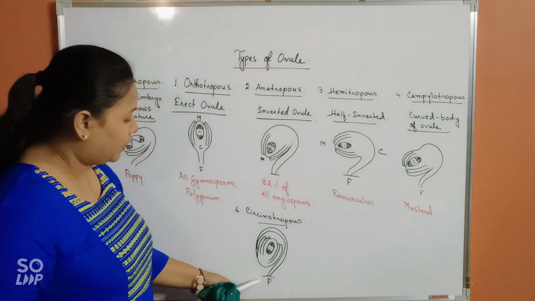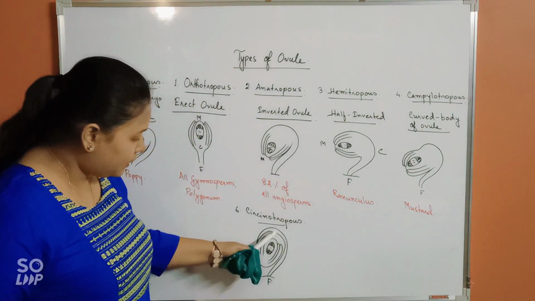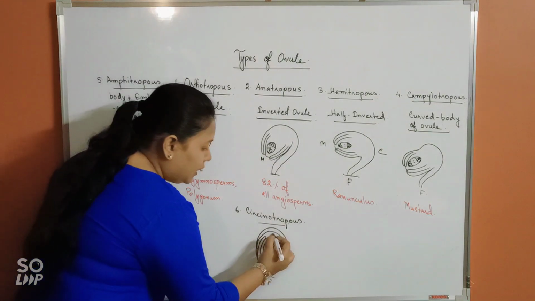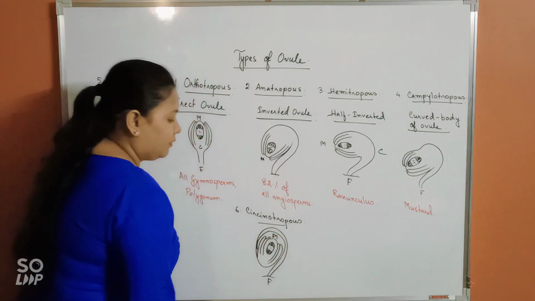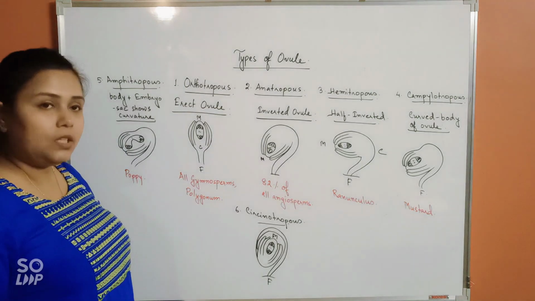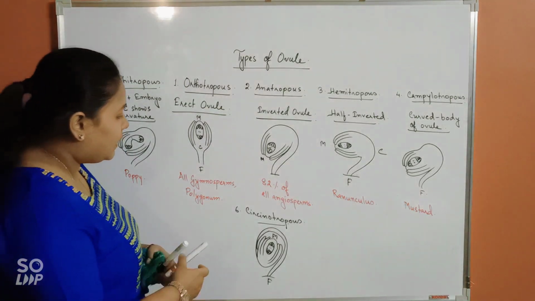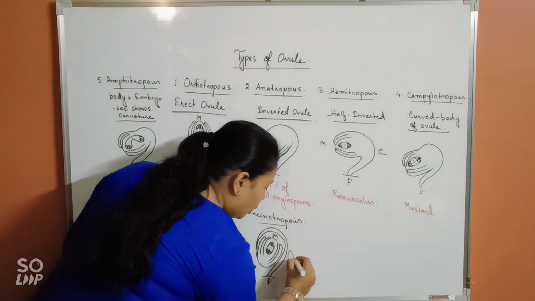These being the funicle, see it is circularly surrounding the micropyle. This is the micropyle, right? So this is called circinotropous. Example would be Opuntia.